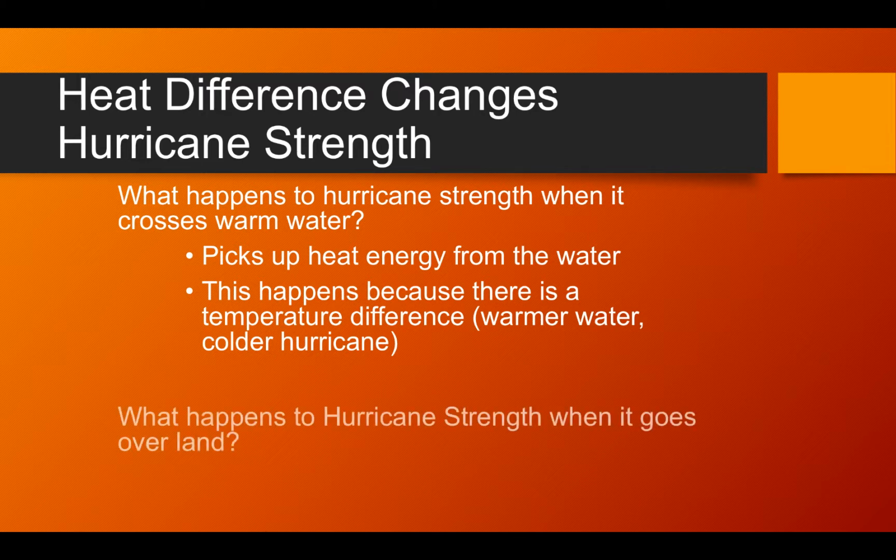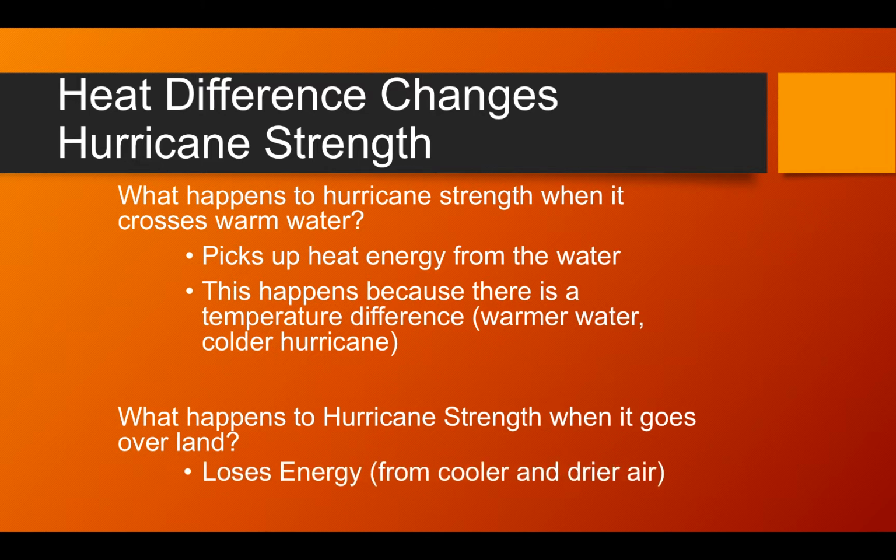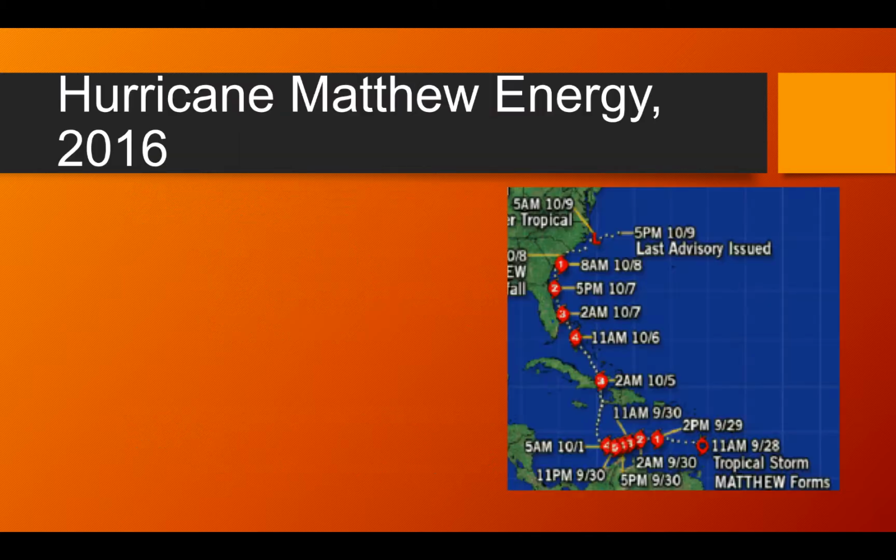So what happens to the hurricane strength when it goes over land? Well, we also know from experience that it causes it to lose energy, from cooler and drier air over land than over water. So let's think specifically about Hurricane Matthew from 2016.